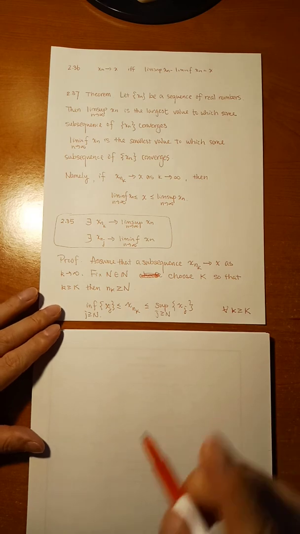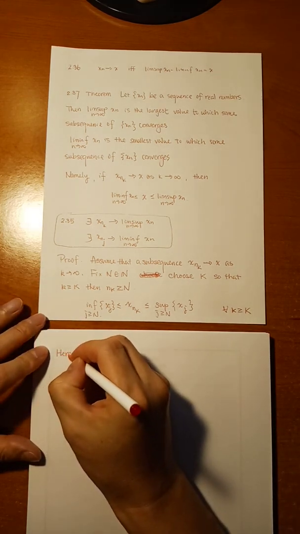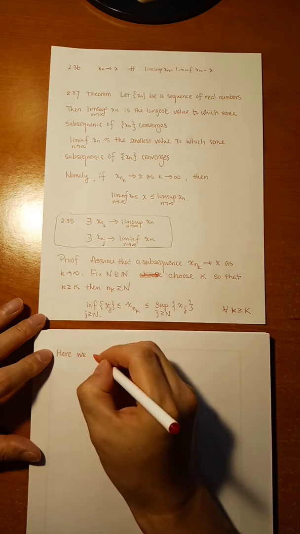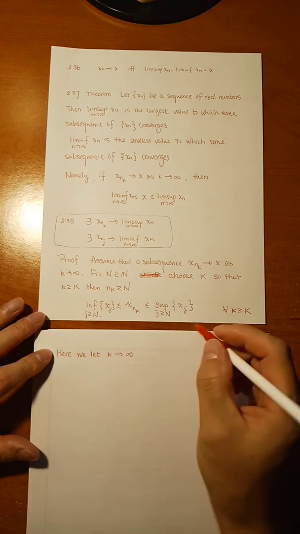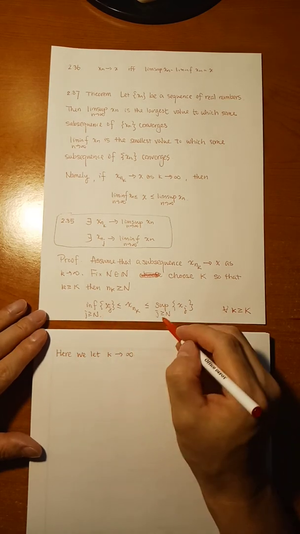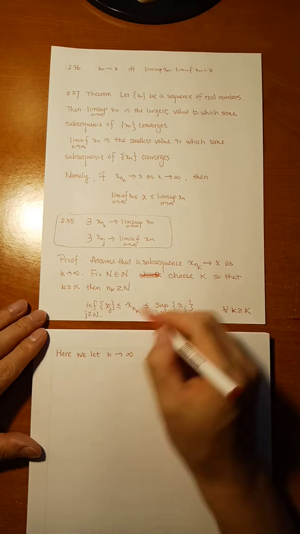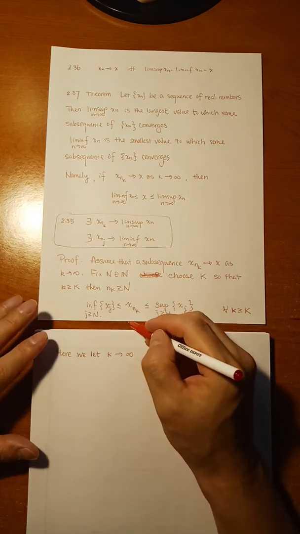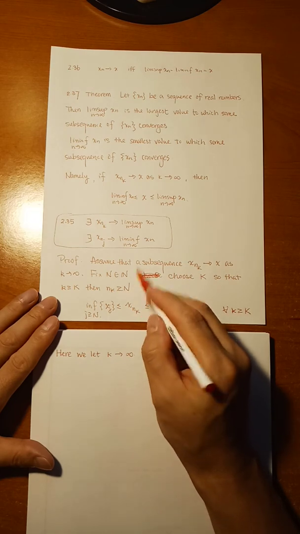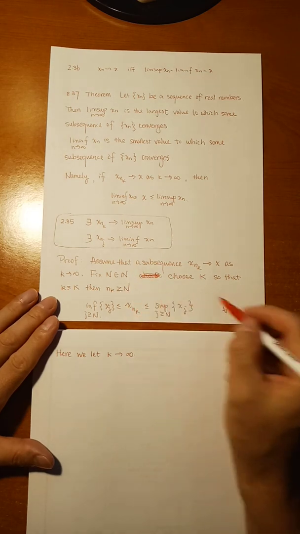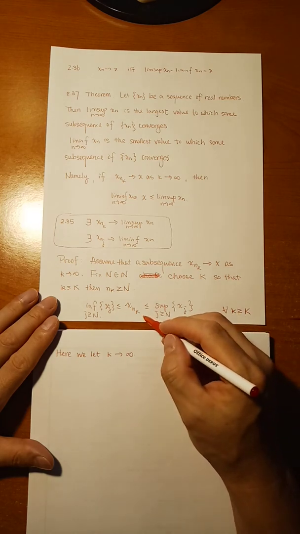So the right order is the following. We let little k approach infinity. N is fixed. This works for all little k greater than capital K. So this index k is free. So you let k approach infinity. When k is bigger and bigger, this inequality is always satisfied.